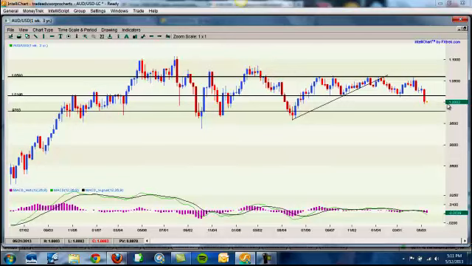Now we're at parity. Parity means equal. When this hits 1.0000, that means the Australian dollar is exactly equal to the value of a US dollar. And as this pair drops below parity, that means the US dollar is worth more than one Aussie dollar.